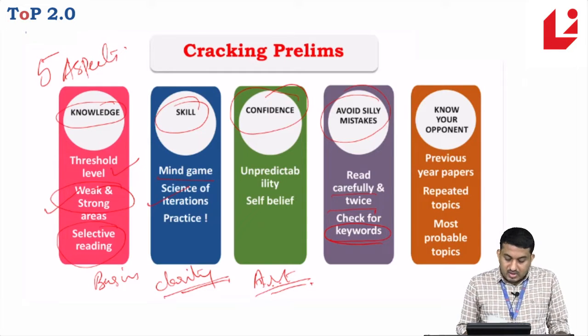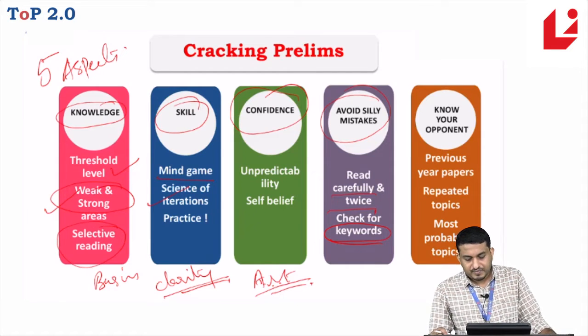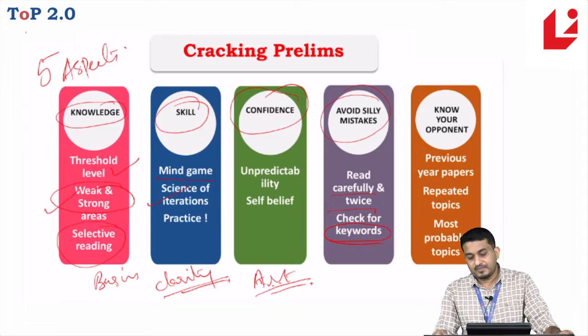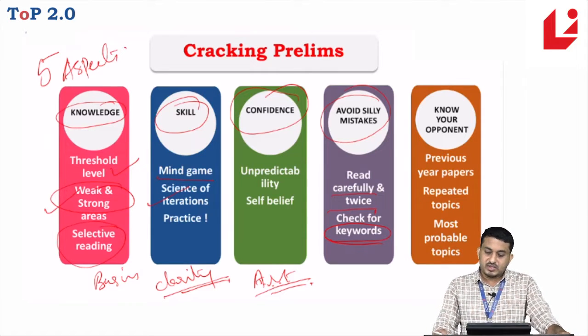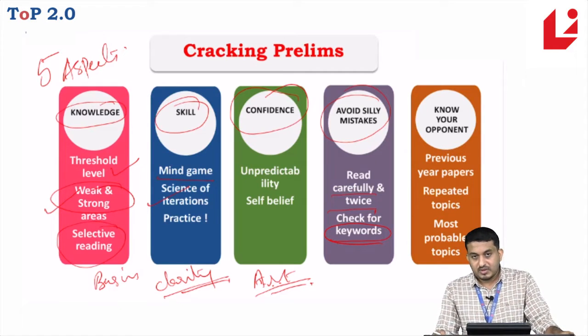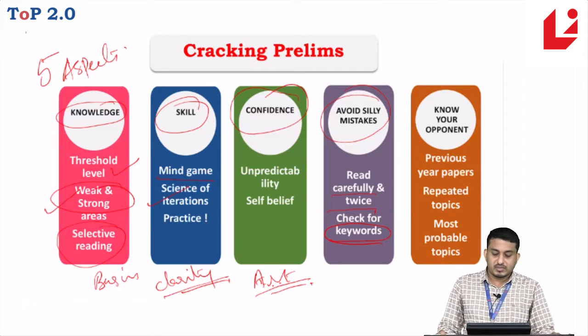All right. Now another important thing is knowing your opponent. Now the question is, how to know your opponent? We know that there is no defined syllabus for prelims. For mains examination, we have a well defined, very well demarcated syllabus.